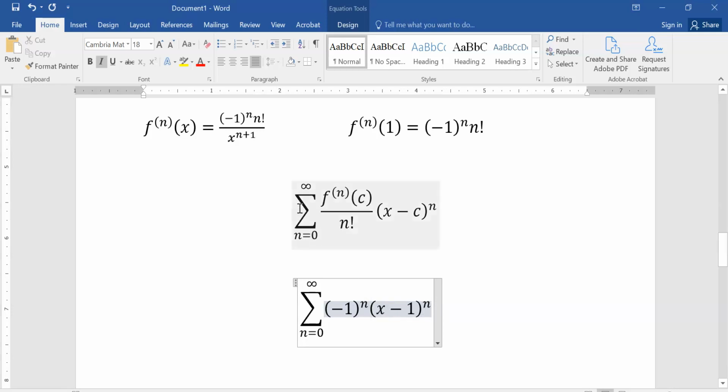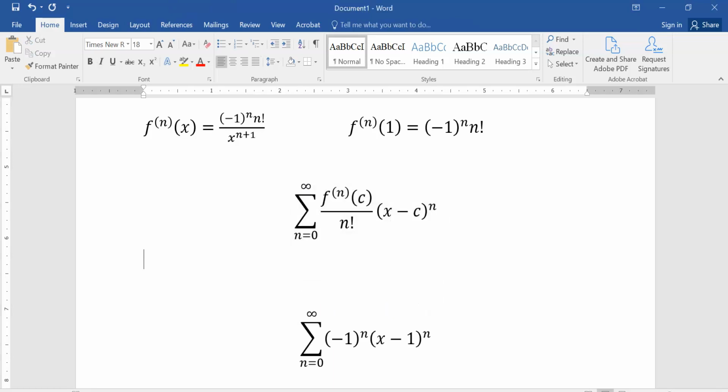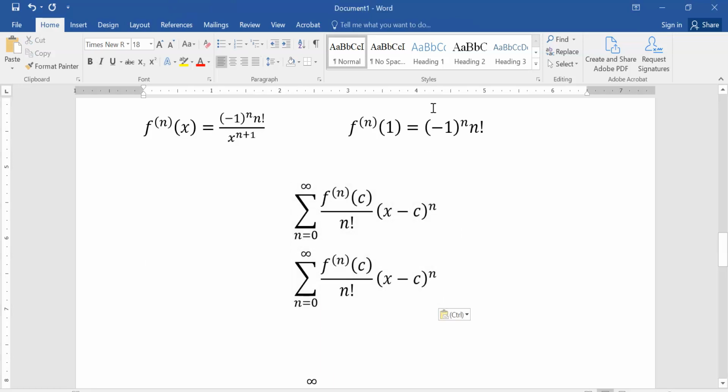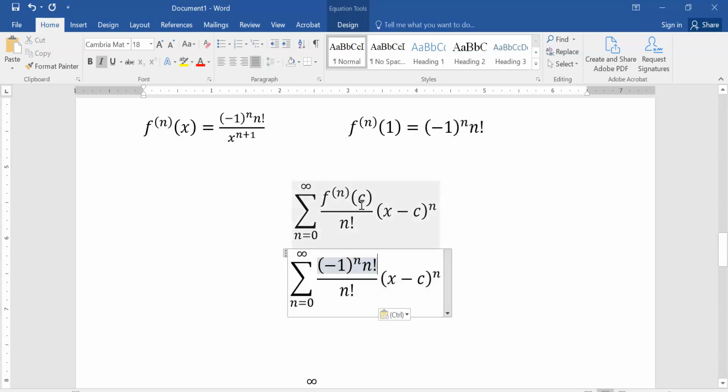Hopefully, if you want an intermediate step, let me rewrite that intermediate step again, just so we're not lost. So we've taken this expression, which we know is the nth derivative of f when I plug in 1, and I replace this because obviously we're centered at 1.